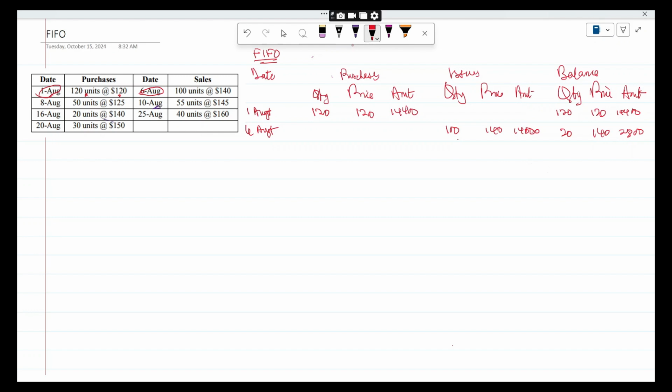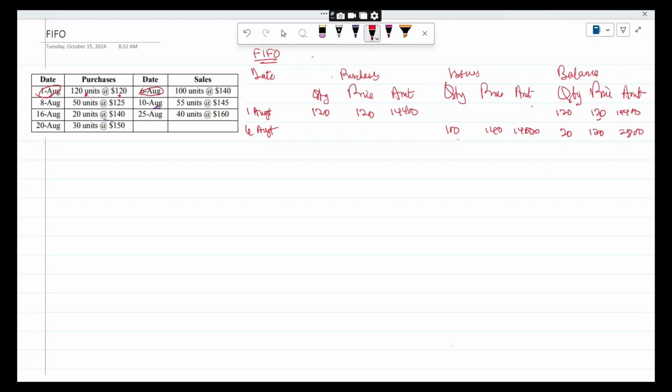Or you can simply subtract 100 from 120 and multiply by this. Sorry, the price here is 120. So that will give us 20 times 120.